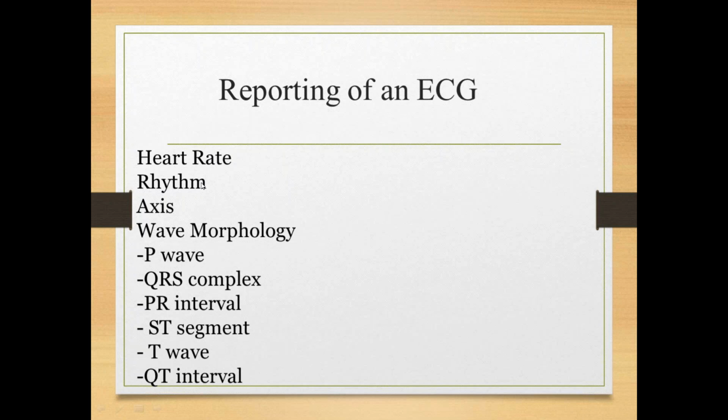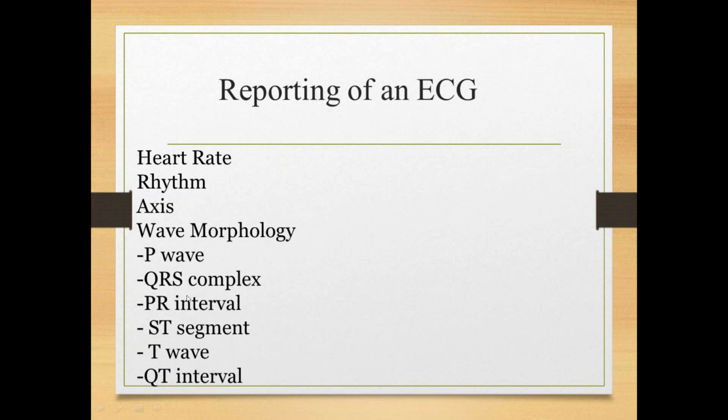What is the rhythm, whether it is in sinus rhythm, whether P waves are there or not, whether the impulse is originating from the SA node or not, what is the axis of the ECG. What is the wave morphology, the PQRST, how is the P wave morphology, how is the QRS complex in each of the leads, how is the PR interval, which is important with relation to AV blocks.